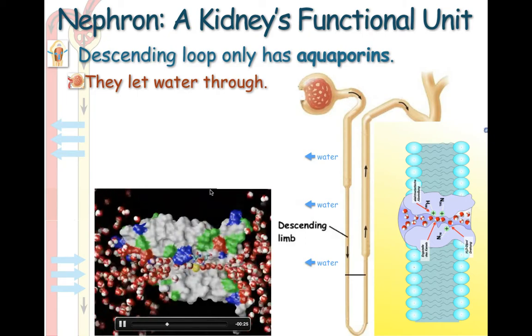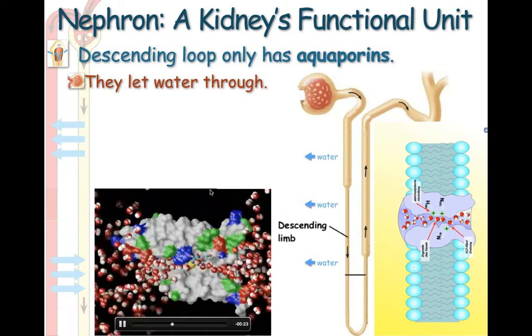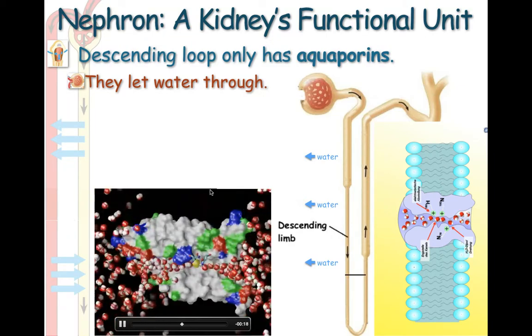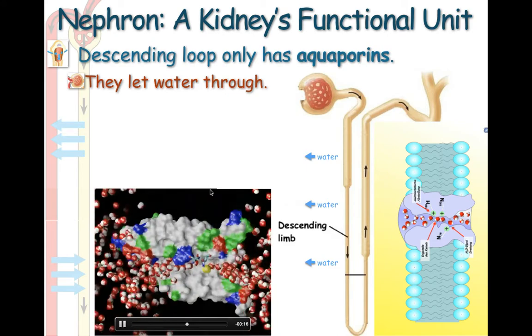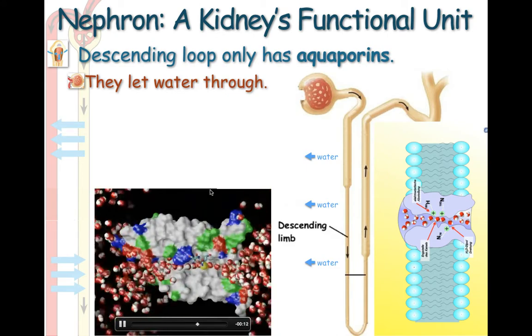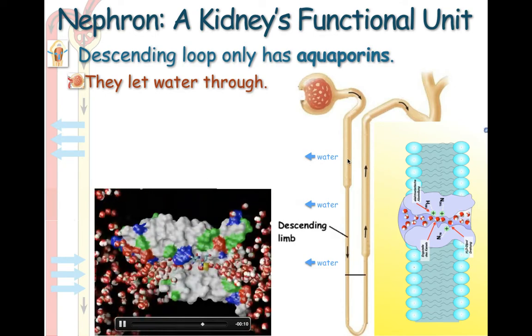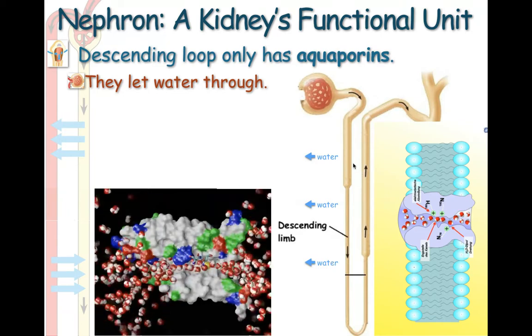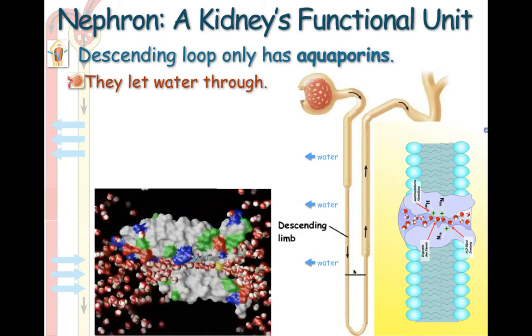And an aquaporin does one thing and one thing only. It lets water through. Now, water is something that your body may want to hold on to, and so this is a one-way path for water to leave the filtrate and to be reabsorbed by the capillaries that are surrounding the descending limb right here.